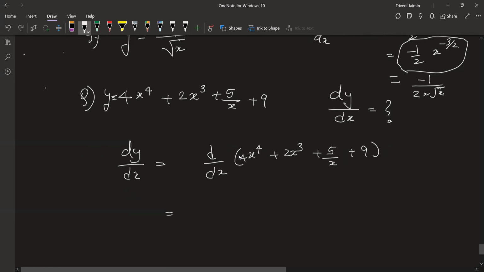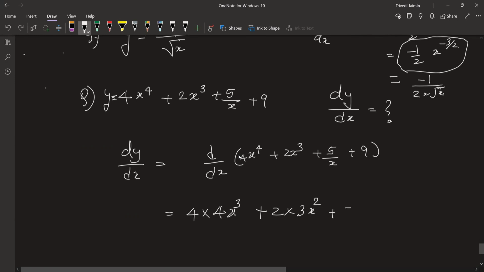Now first thing, 4 as it is, constant. Now what's the formula? N will be front. So forget the 4 here, let's bring N. N is 4. 4 into x to the power n minus 1. 4 minus 1 is 3. 2 as it is. 3 front. x to the power 3 minus 1, that is 2x squared.